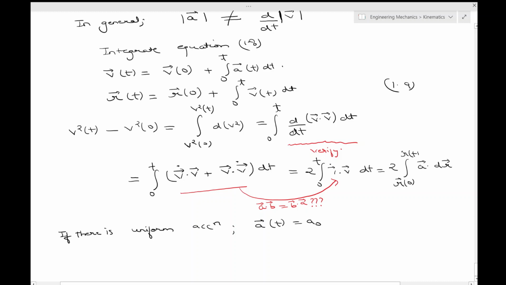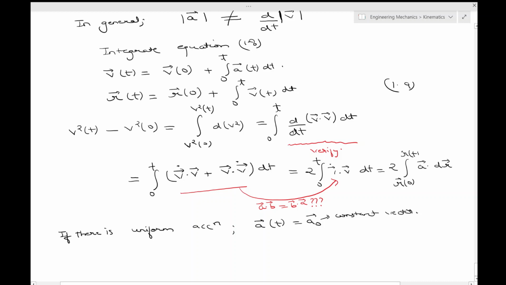So a naught is a constant vector. Remember, every time we say there is a constant vector, it does not just mean that the magnitude is constant. It also means that the direction is constant. So a naught is a constant vector, meaning both its magnitude and direction are constant in time.